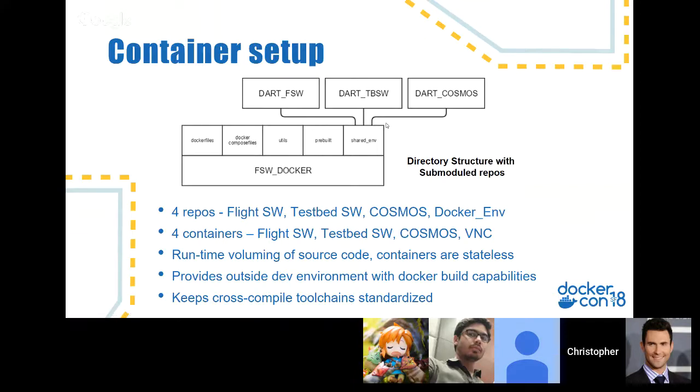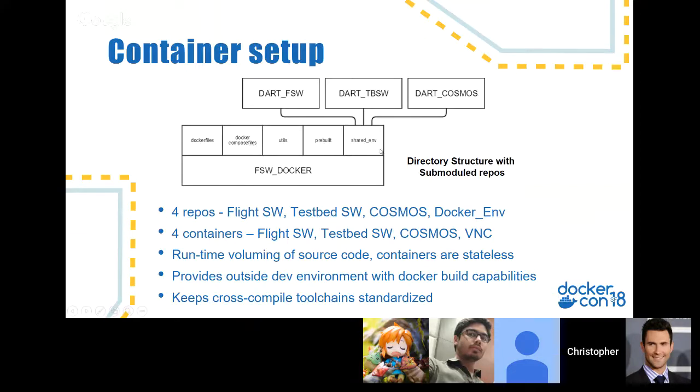So each one of those, the flight software, the testbed software, and Cosmos, are kind of distinct units, and in theory could be used on their own. So we didn't build in the Docker; the Dart flight software doesn't have Dockerfiles or Docker Compose in the repo.